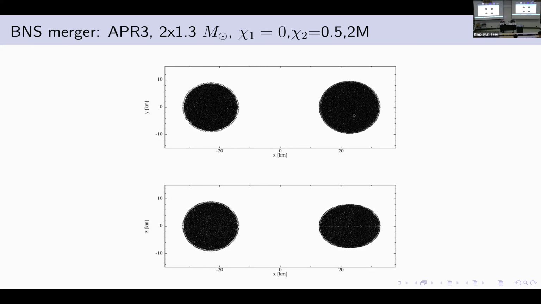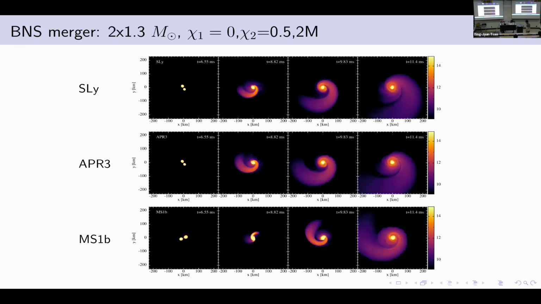So this star will then feel a larger tidal interaction with the other star, and that is what we see here: the spinning star, even though they have the same mass, actually gets tidally disrupted by the other star.